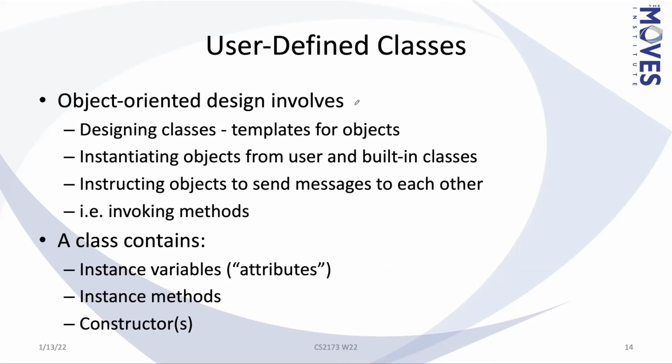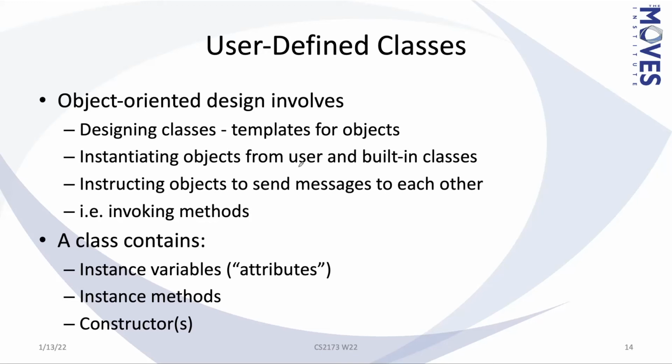So this class, in addition to Java as a second language, is also about object-oriented design. And that involves, we design classes, which are templates for objects, and then we instantiate those objects both from the user-defined classes and the built-in classes. We have seen some of the built-in classes so far. We've seen String, we've seen Scanner, and then we've seen these wrapper classes.